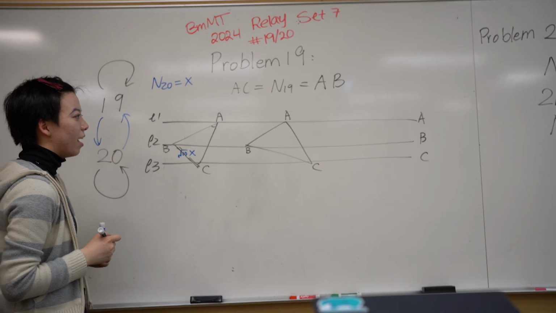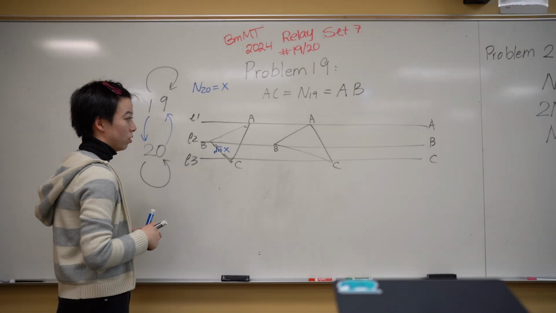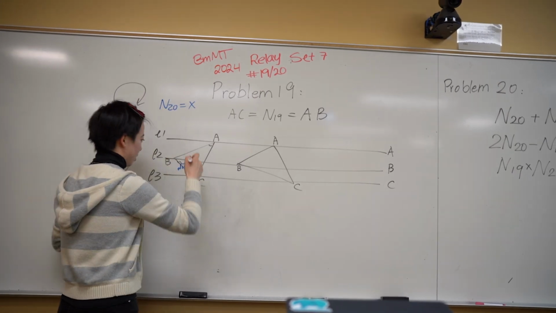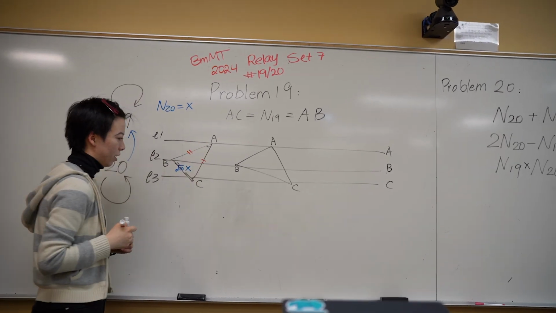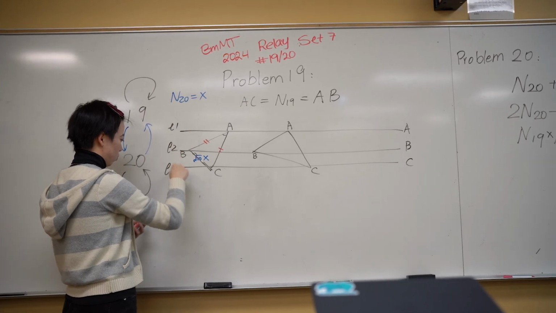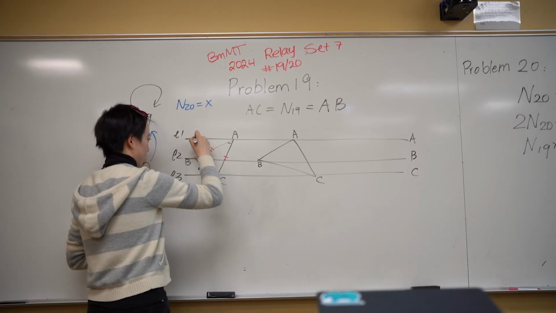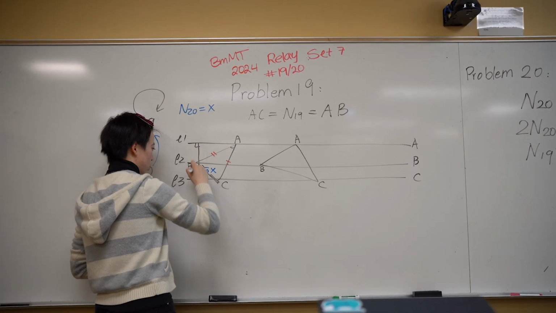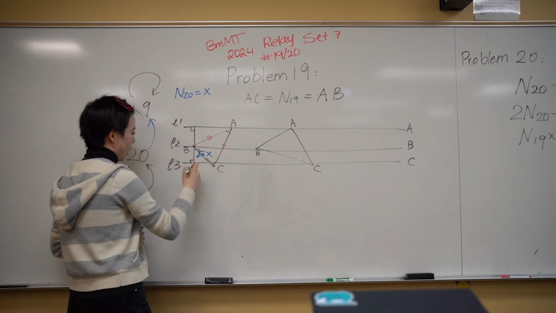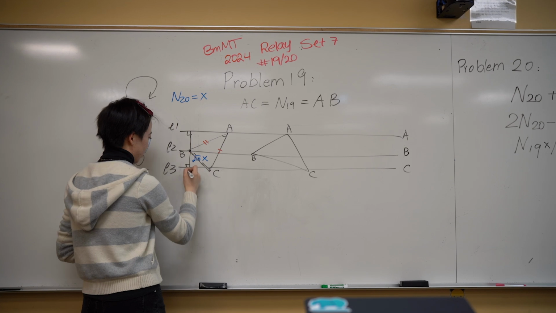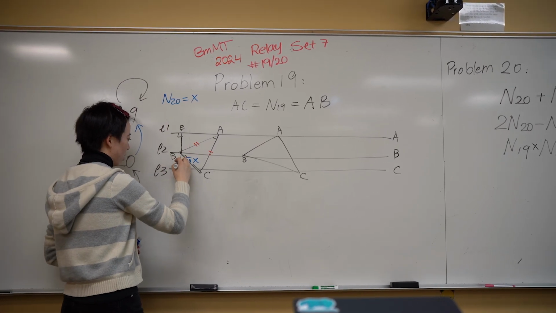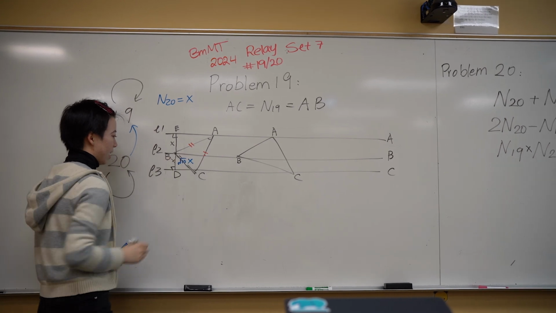And we'll also have AB equals N19 and AC equals N19, which means that these two lines are equal to each other. We also know that the distances between L1 and L2, and L2 and L3, are N20. So if we drop the altitude from B to both L1 and L3, and label these points as D and E, we will say that BD is equal to BE as x.